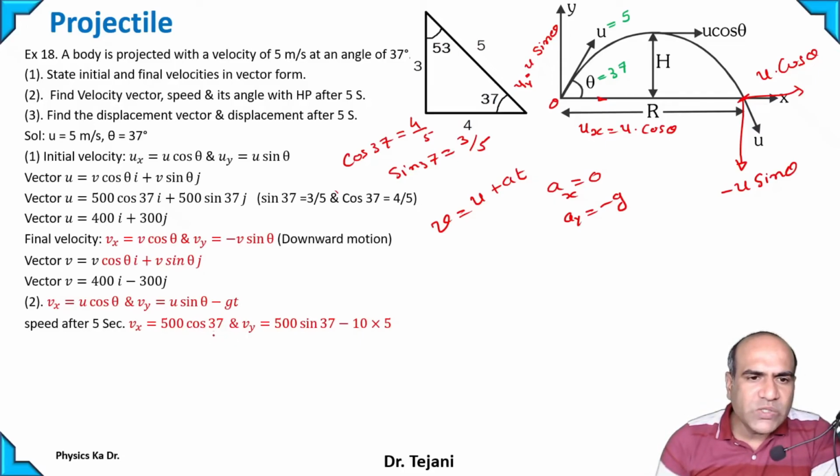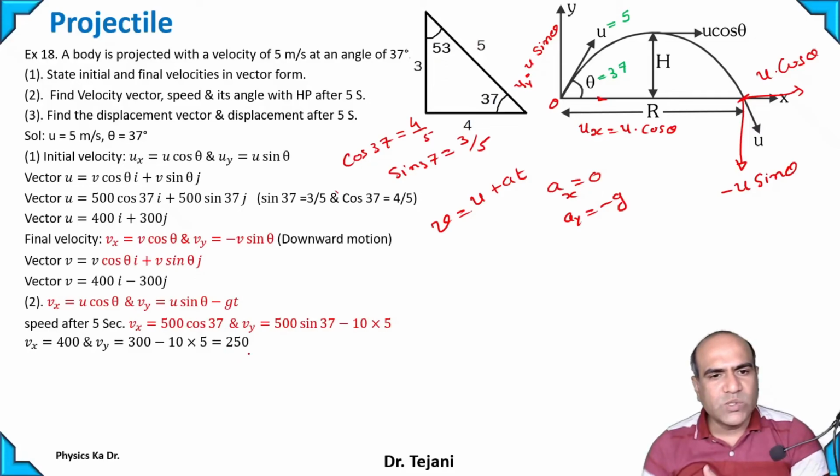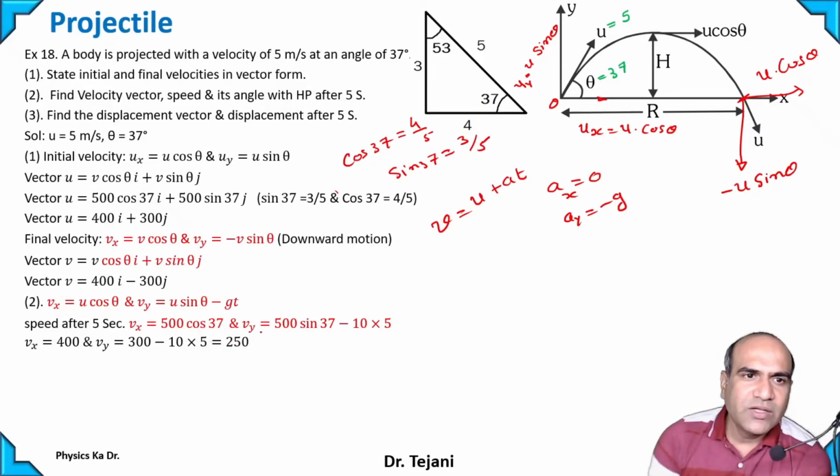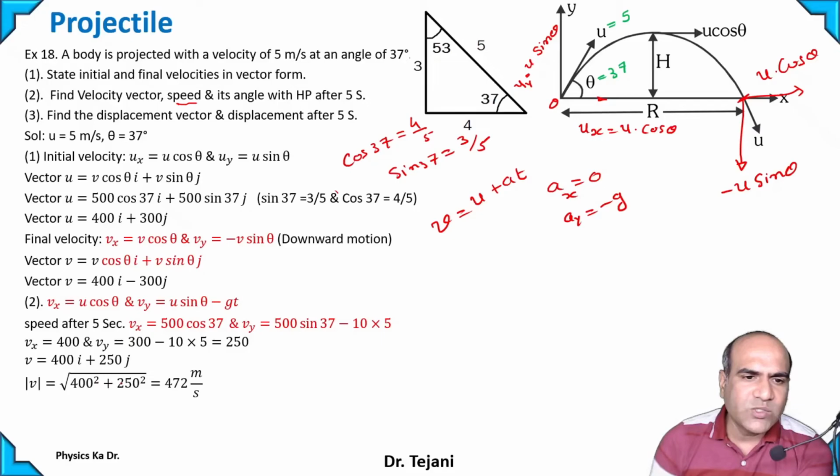So put all the values here. You can have Vx is equal to 400, Vy is equal to 250. So we got the velocity vector. We need speed, that means magnitude. V is equal to under root 400 square plus 250 square is equal to 472 meter per second. And the angle. So we know that tan theta is equal to Vy by Vx.